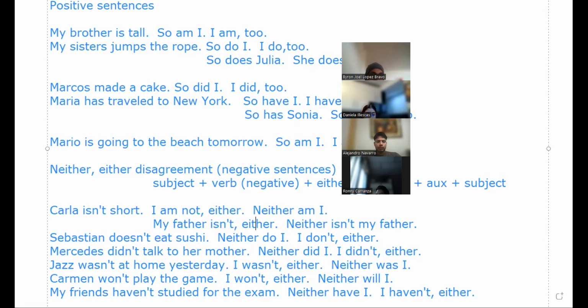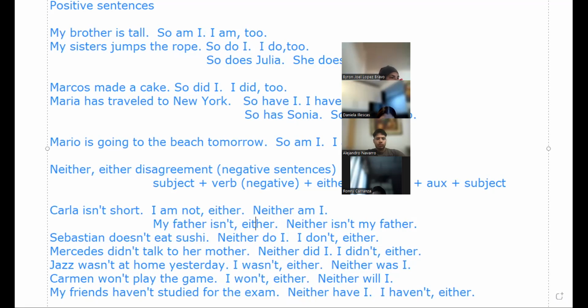Yes or no? Tell me now. Yes or no? I have a question. Yes. When you use neither or either, when you use neither, you have to put the verb in positive, auxiliary verbs.